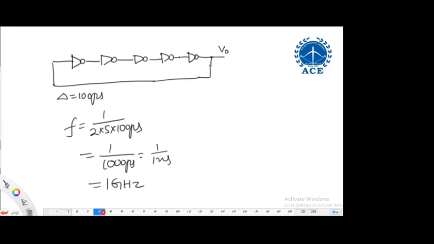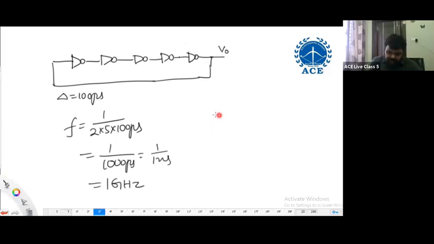Sir, here the inverter is in the forward path, na, sir. It is connected in the forward path. If any one is in the reverse path, then how is the answer, sir? What do you mean by forward path or reverse path? It's a ring. It's circular. There is no forward path or reverse path.